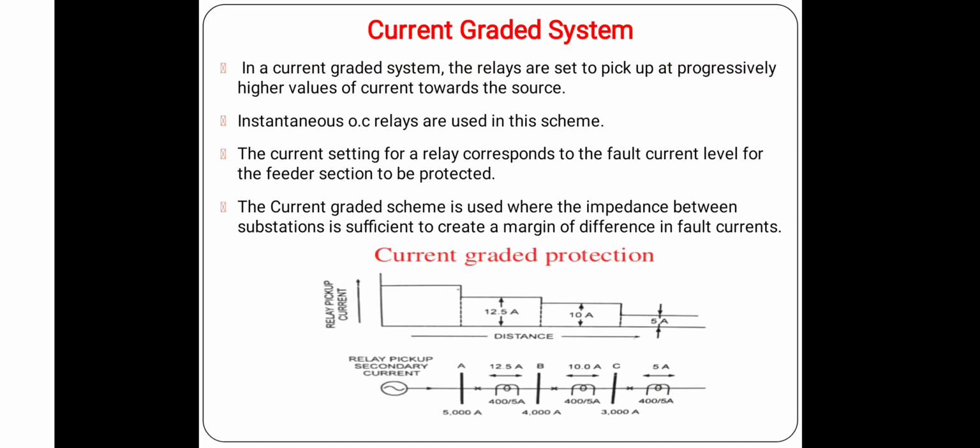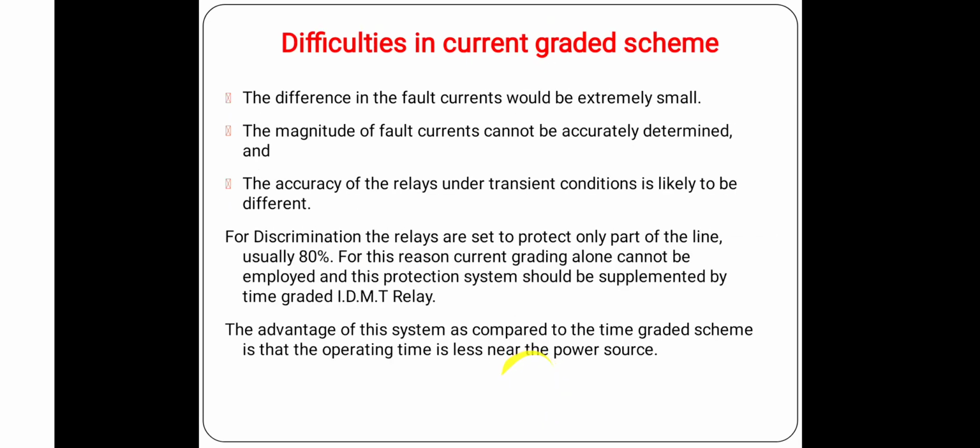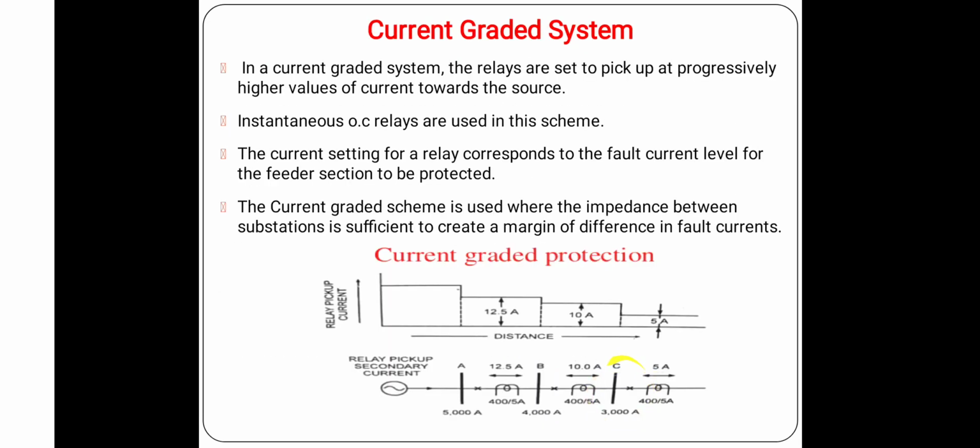Here it consists of high set overcurrent relays at points A, B and C, with settings such that the relay at A would operate for faults between A and B, the relay at B for faults between B and C, and at the same time the relay at C for the faults beyond point C. This is the orientation for the circuit breakers or relays used at A, B and C.